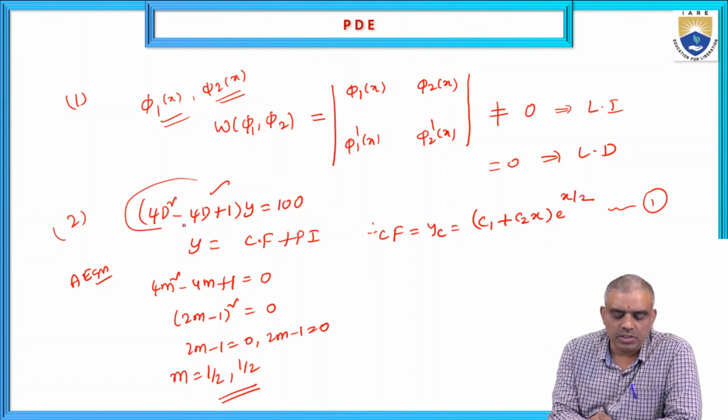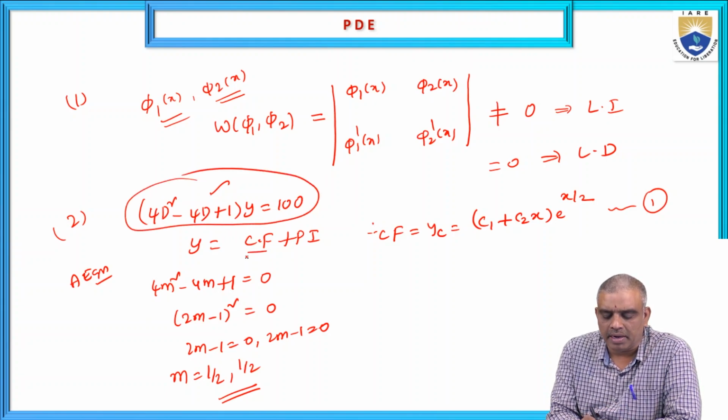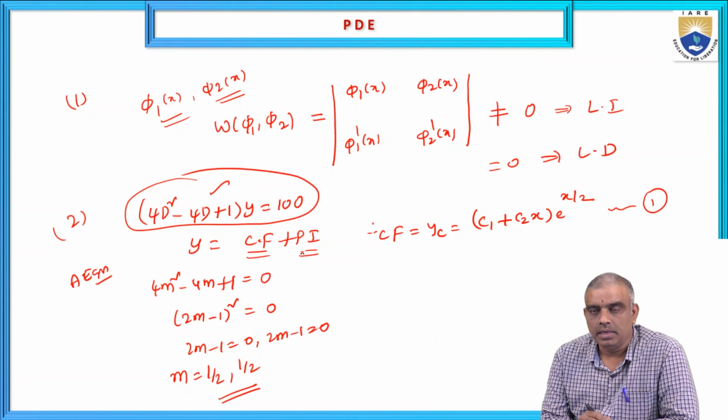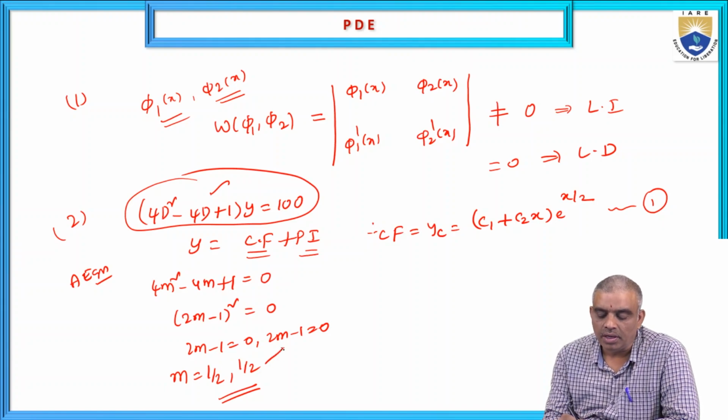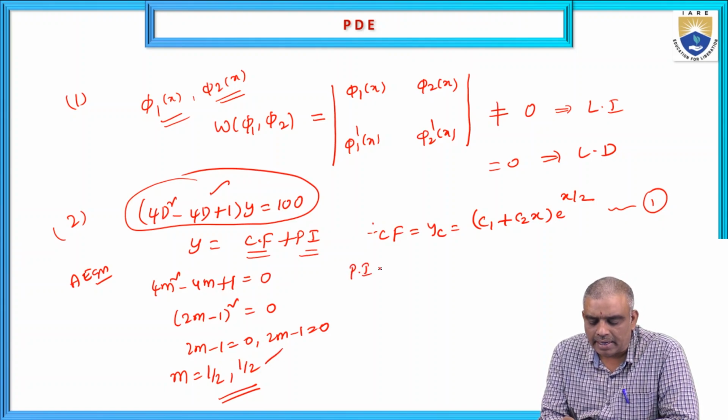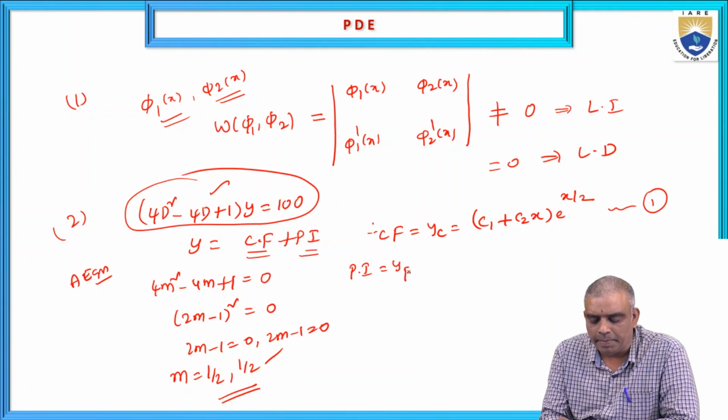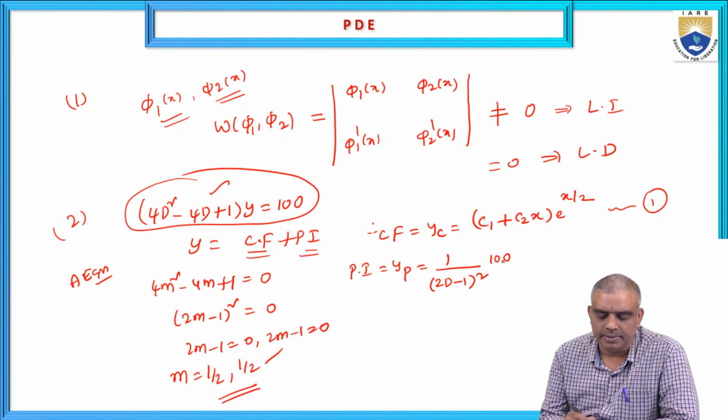Clearly, this equation's solution will be the complementary function plus particular integral. The first part, the complementary function, is (c1 plus c2x) into e power x by 2 because the roots are real and equal. Now, the particular integral. What is the particular integral? Yp is equal to 1 by (2D minus 1) whole square of 100.